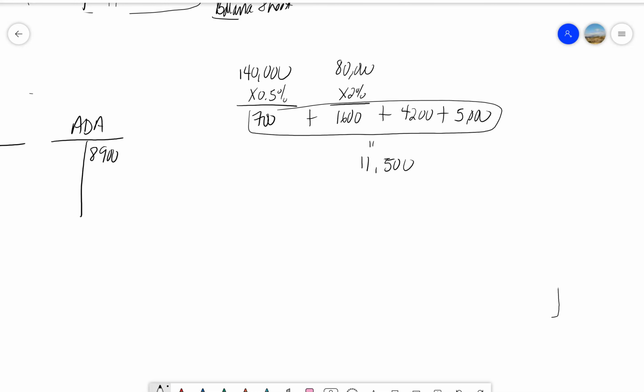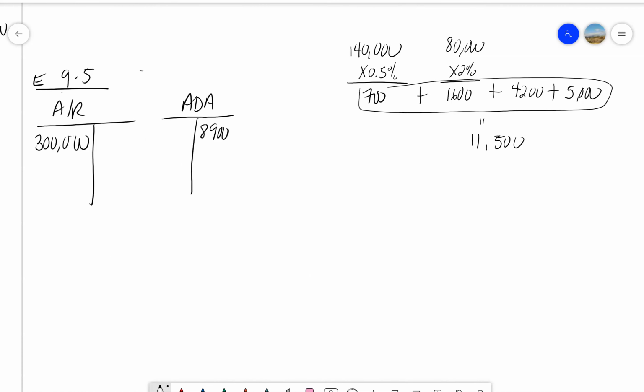Once again, all this is saying is that of this 300,000 in accounts receivable, we estimate that 11,500 is going to be uncollected. So this number represents what we want in the ADA account at the end of the year.